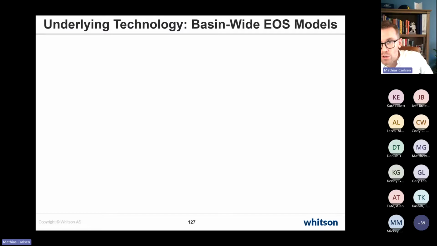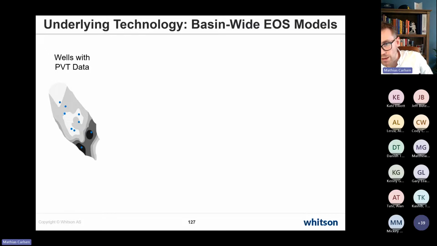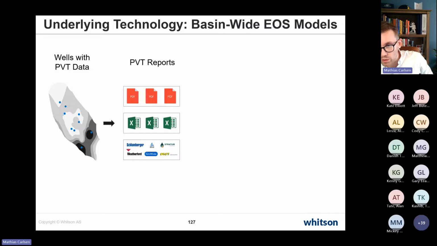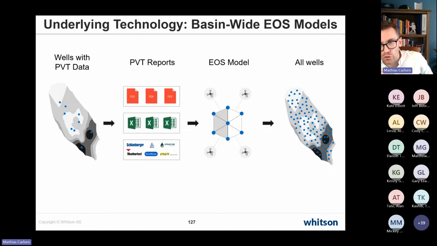And then what we've done in all of these different unconventional basins is to take all the PVT data in the basin from all the different well locations, in all kinds of different formats from all the different labs, because all the labs have different calibration techniques and whatnot. And we created one field-wide equation of state that you can then use as a tool to predict PVT properties really, really accurately on every single well you have, even without much PVT data.